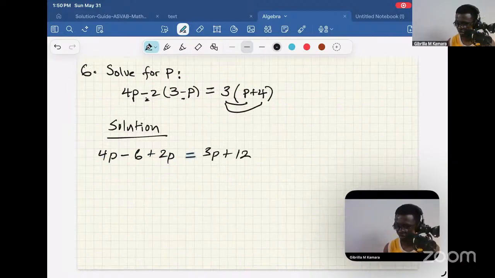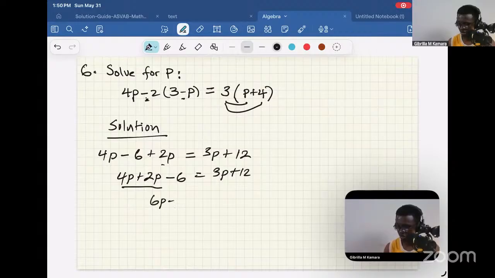Okay. So now once you have that, this becomes 4p plus this 2p, then minus the 6, equals 3p plus 12. This and this gives you 6p minus 6 equals 3p plus 12.